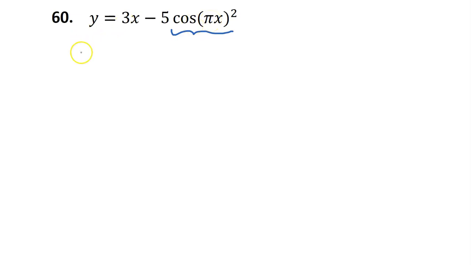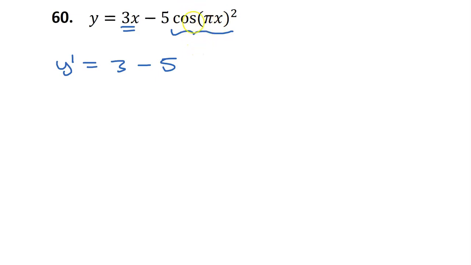Yeah, that's true. So we'll have y prime equals. First we take the derivative of the 3x. That's just 3. We're also going to just leave that constant in the front. That doesn't need to be bothered. So here we go with a function inside of a function inside of a function.